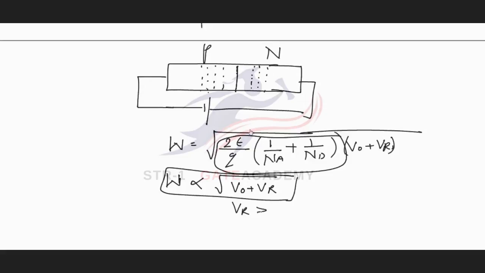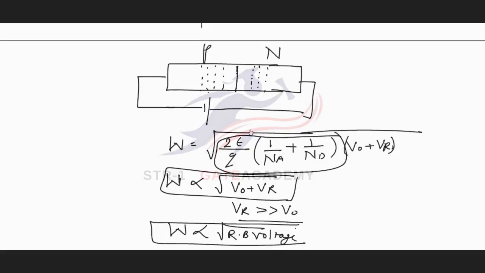As Vr is very greater than V0, I can say W is directly proportional to root of reverse bias. So for a PN junction biased in reverse direction, the depletion layer width is directly proportional to root of reverse bias voltage. Means the depletion layer width will increase with increase in reverse bias voltage.